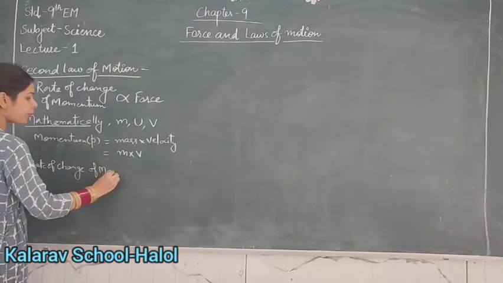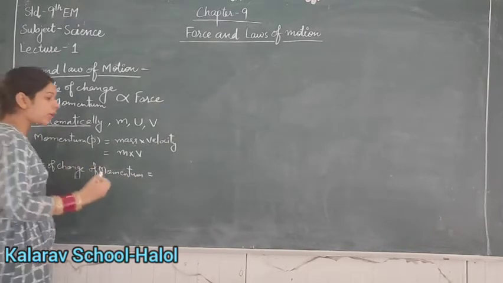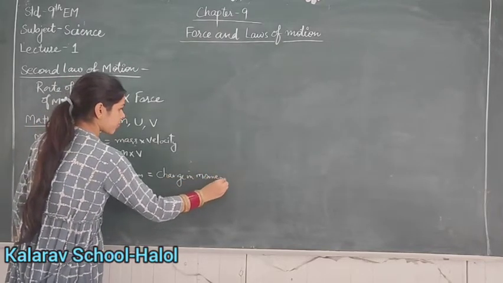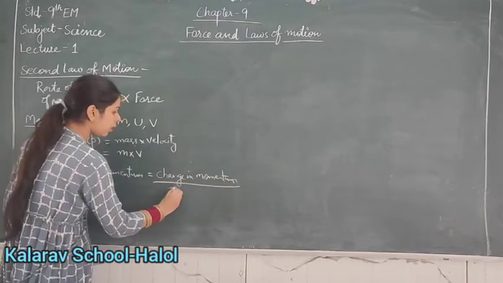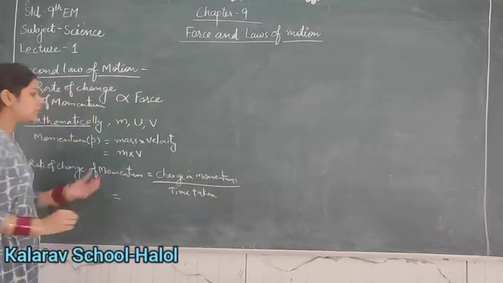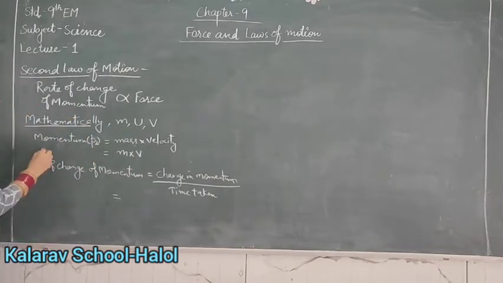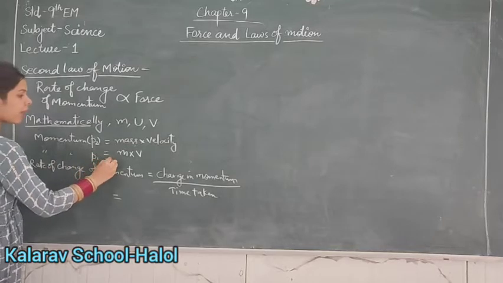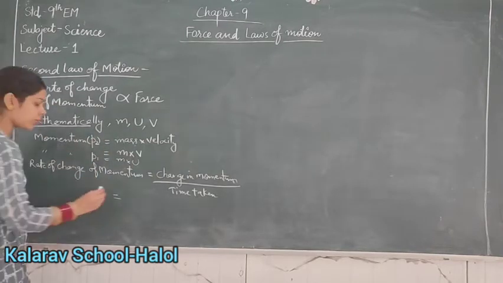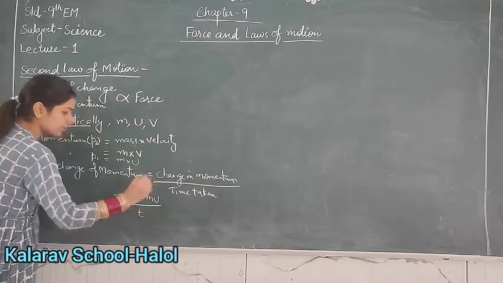Rate of change of momentum is change in momentum upon time taken. The initial momentum is mu and the final momentum is mv, so the change in momentum is mv minus mu, upon t.